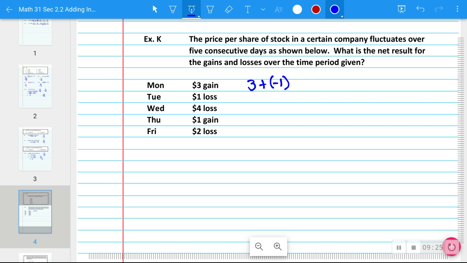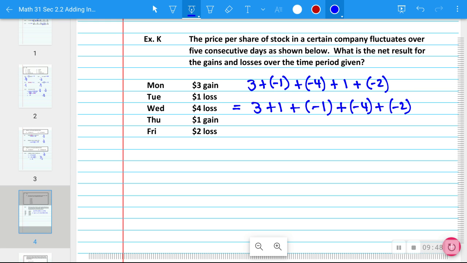You can see Tuesday and Wednesday. And then a gain again, and finally another loss here. So when I have a long string like this, I like to gather the positive numbers up front and the negative numbers at the back. That allows me to do the positives separately from the negatives.